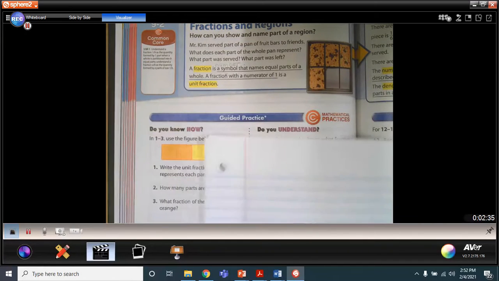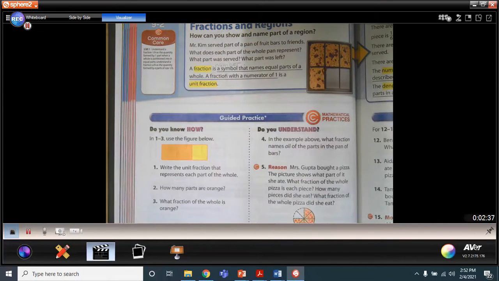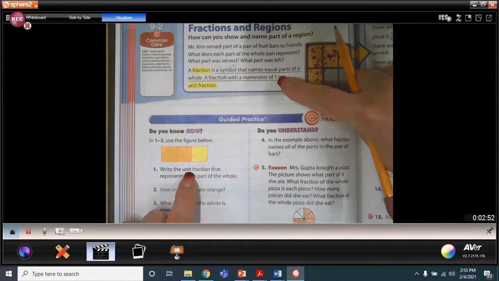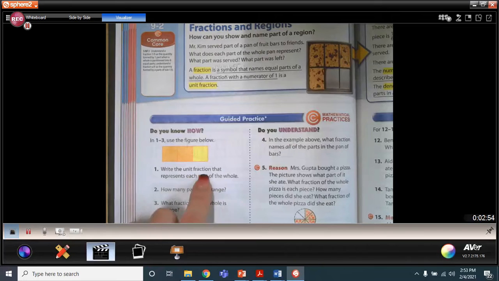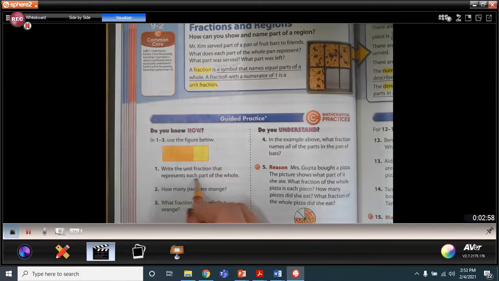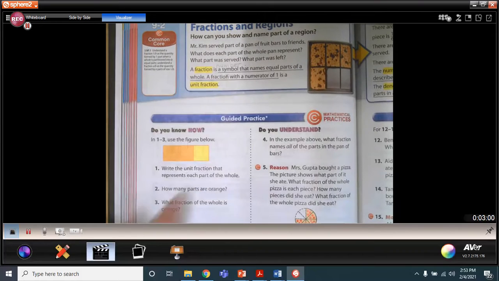Now, let's take a look at number 1. It says, in 1-3, use the figure below to answer these questions. So number 1 says, write the unit, and remember, unit means one of the pieces. So write the unit fraction that represents each part, that's very important, each part of the whole.